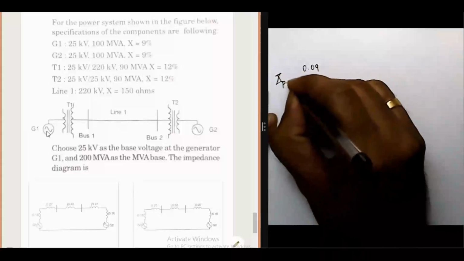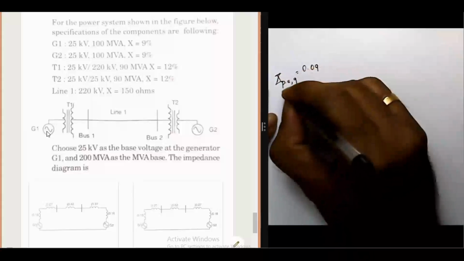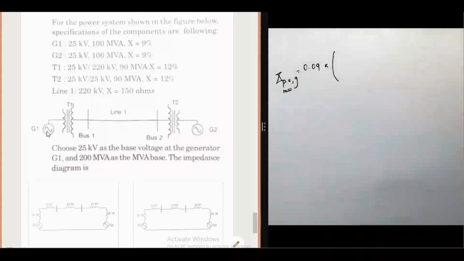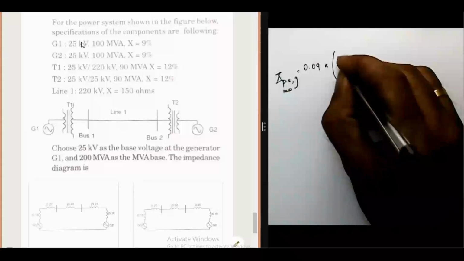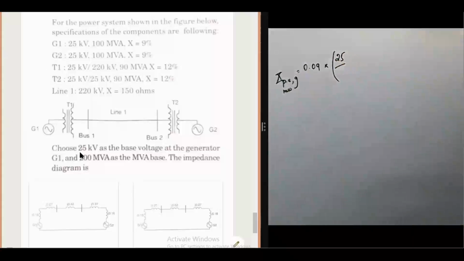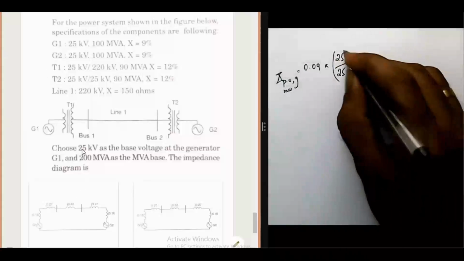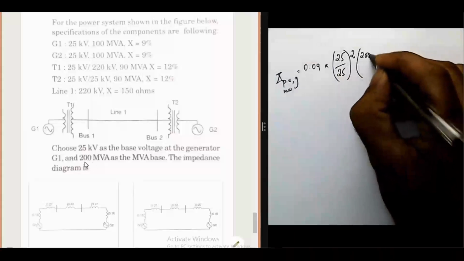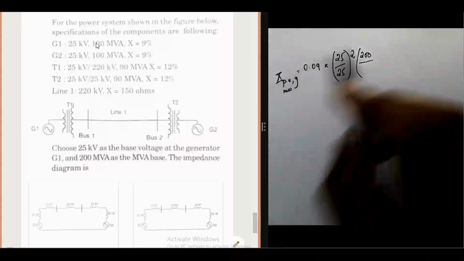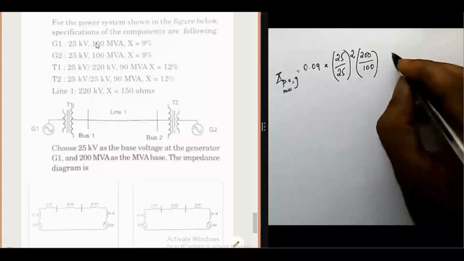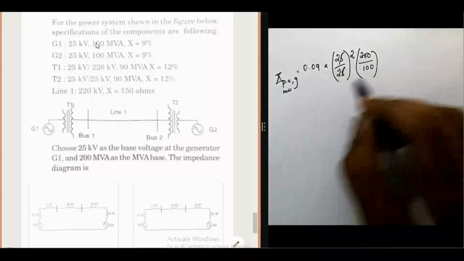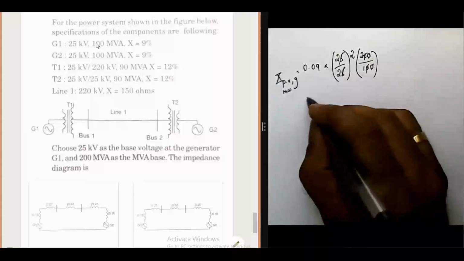Z per unit new for generator is 0.09 into, here the old value is 25, the new value also 25, the whole square, into MVAb new value, which is given as 200, divided by the old value 100. Here these 2 zeros cancel, then multiplied into 2.